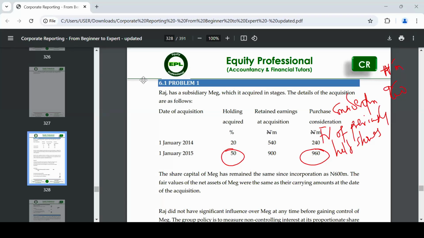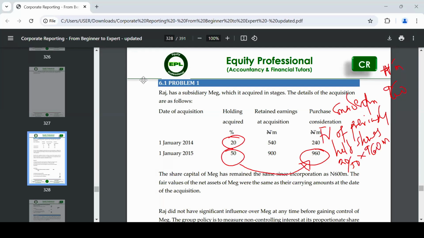In this case, we paid 960 for 50%. Therefore, the current fair value of this 20% should be 20 over 50 times 960 million.